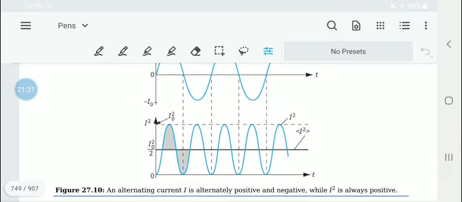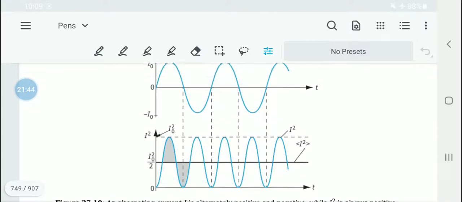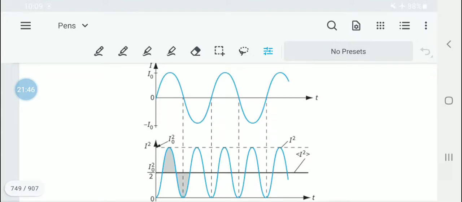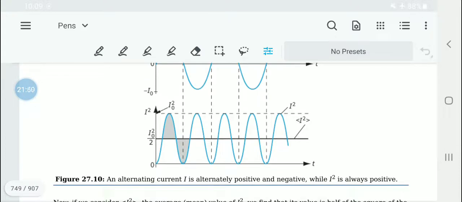And I squared varies at twice the rate of the current. Please draw this diagram 27.10.